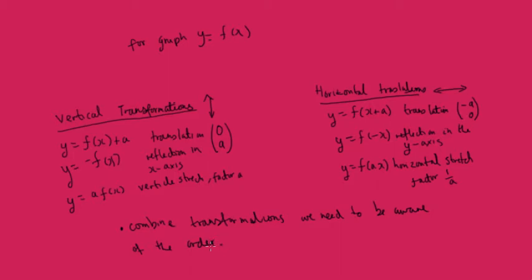Just like in arithmetic, if you're adding two things together, the order doesn't matter. Likewise, if you're multiplying two things, the order doesn't matter. But if we were to subtract two numbers or divide two numbers, the order in which we have those numbers matters. And that's the same with transformations. Sometimes the order doesn't matter, and other times the order does matter.